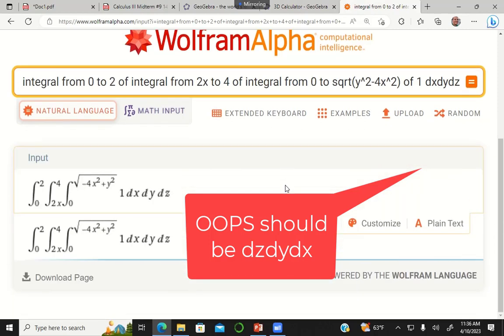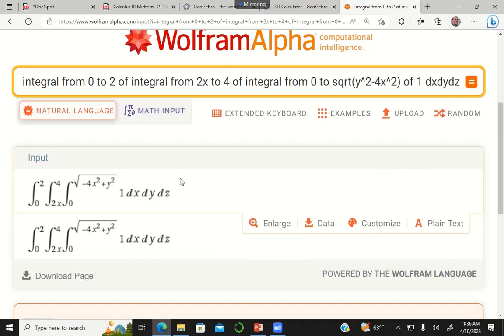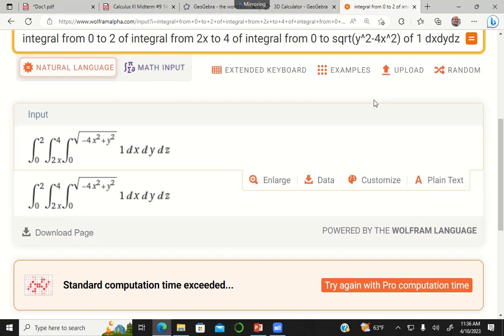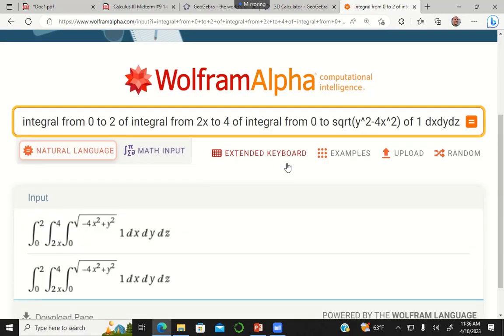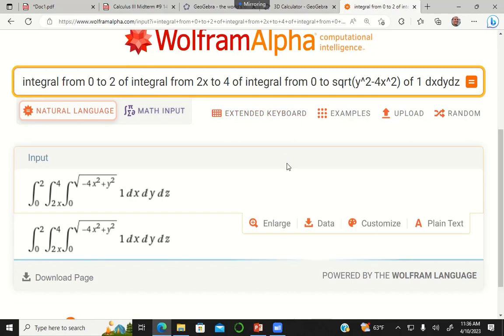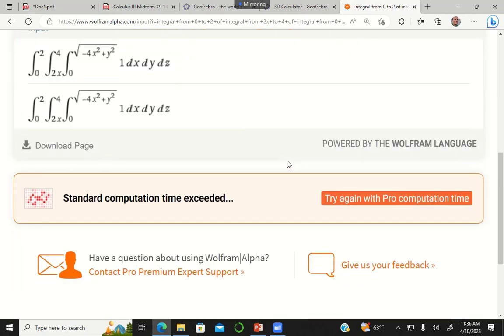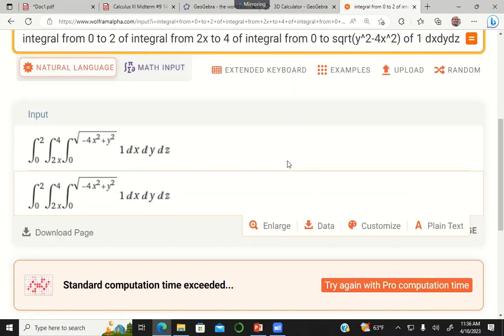So that looks like it understood me correctly. And it took too long to compute. Come on, that doesn't take that long to compute.